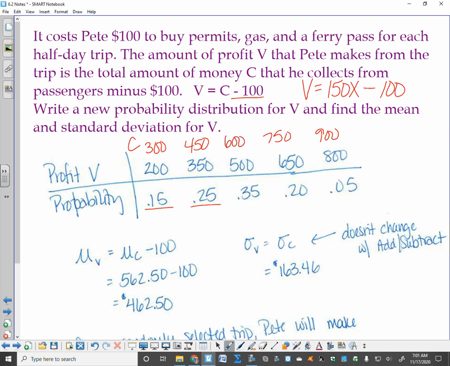Again, the probability stays exactly the same, because this is the probability that that many people will come on this trip, therefore incurring this amount of charges. Now, I'm subtracting $100. That is going to change my mean, but it will not change my standard deviation. Adding and subtracting does not change the spread of your data.